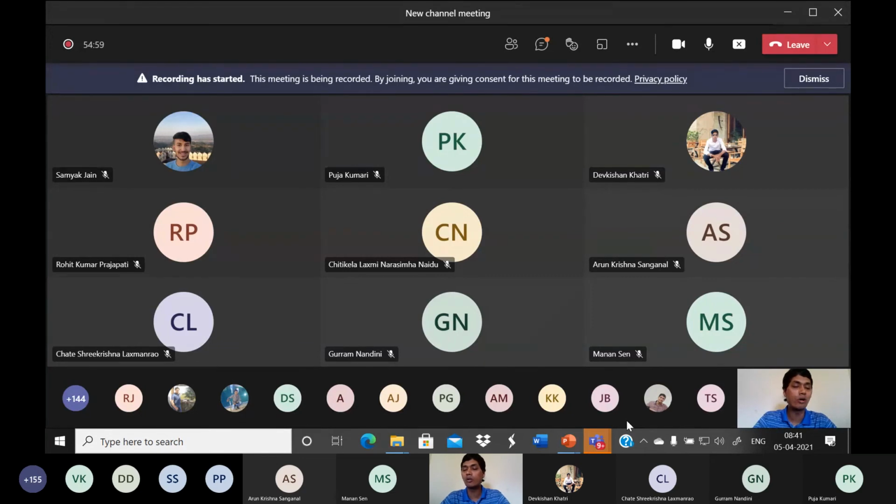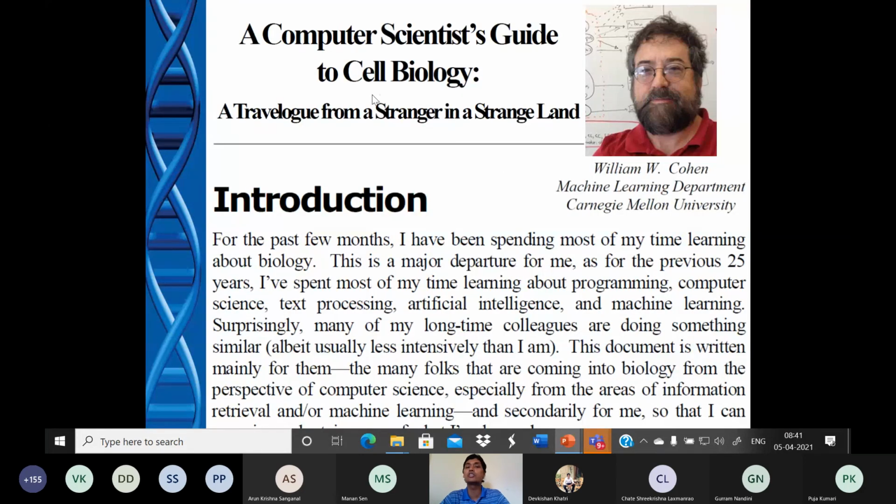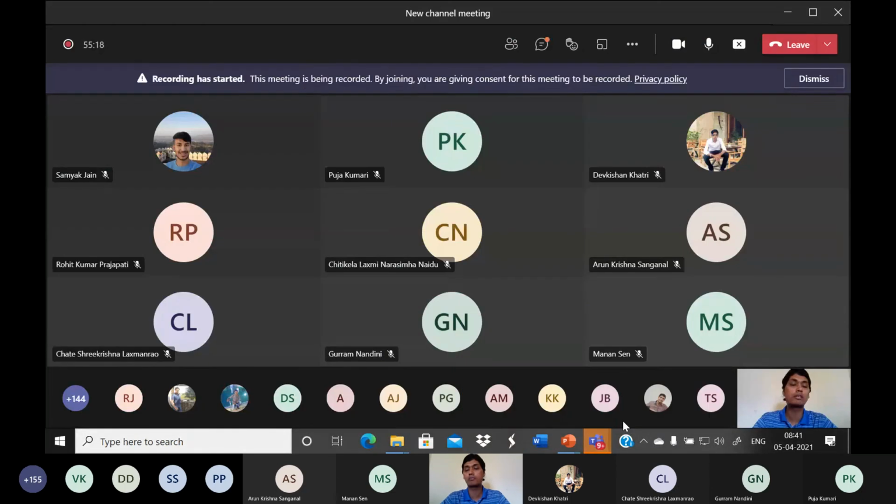So although his background is machine learning and artificial intelligence, he wrote one biology book, A Computer Scientist's Guide to Cell Biology. I downloaded and read this book so that I can understand some of the problems engineers face when going through biological subjects.